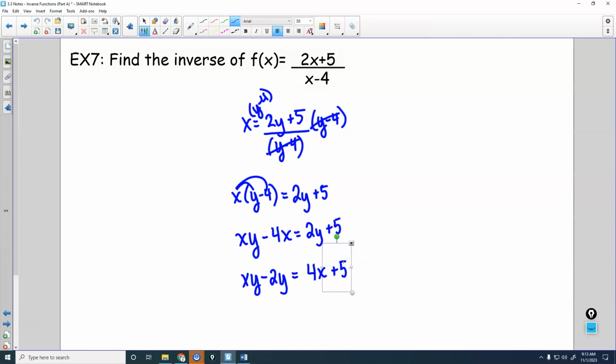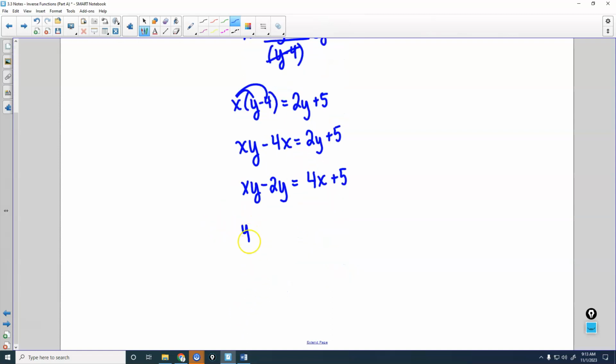Now what could we do? Factor out that y. And then just divide by our x minus 2.